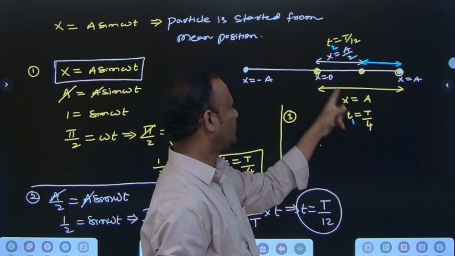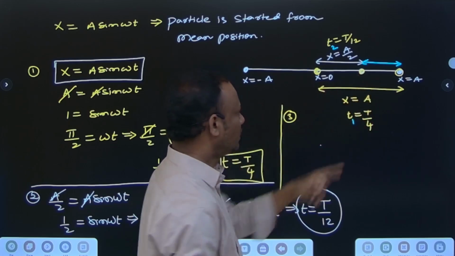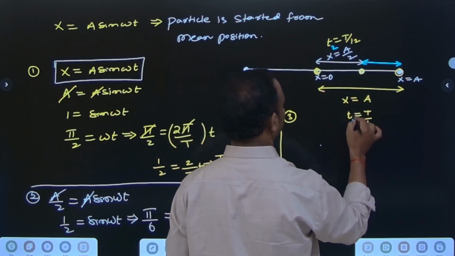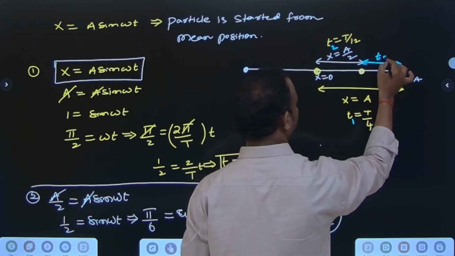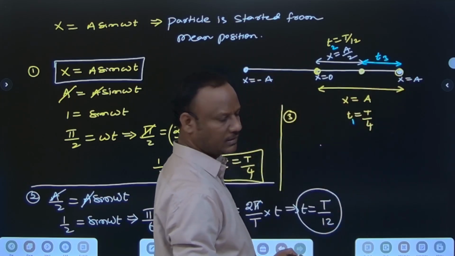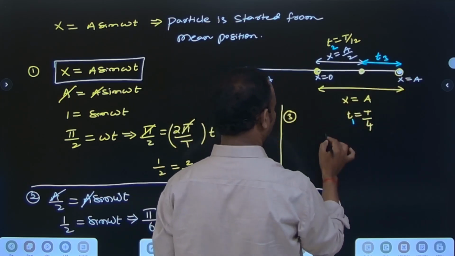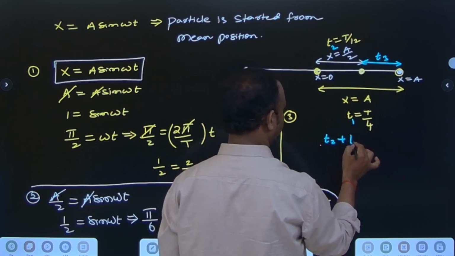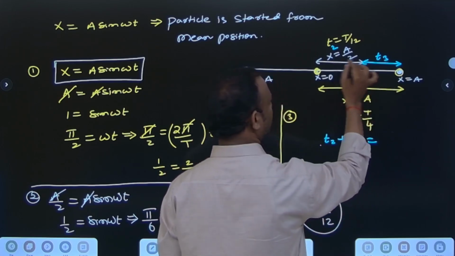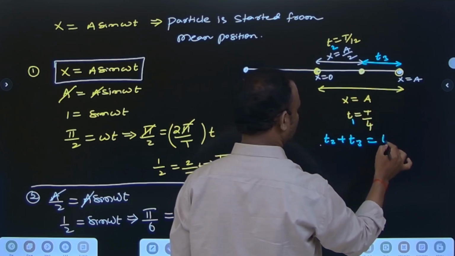Say this is T1, this is T2, and this is T3. T2 plus T3 is equals to T1.